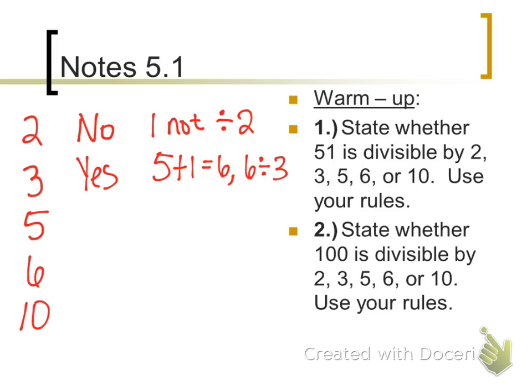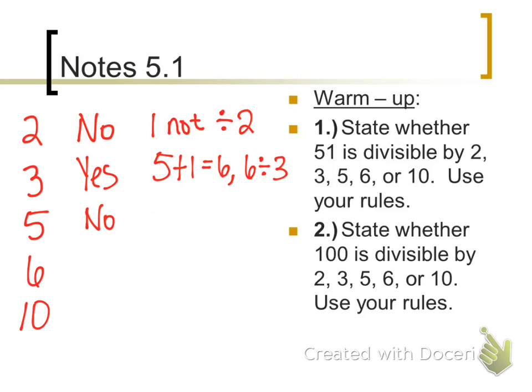Keon, is 51 divisible by 5? No, it is not. I agree. Logan, can you tell us why? What does the ones digit have to be for it to be divisible by 5, Logan?